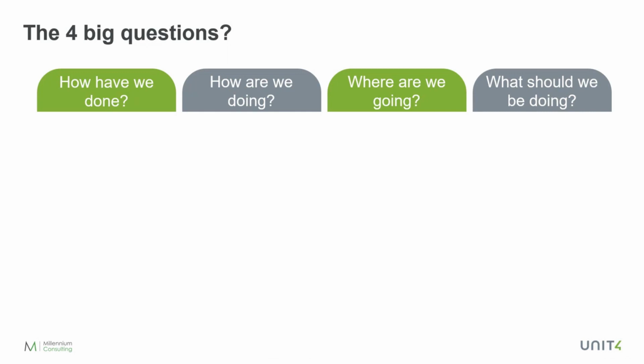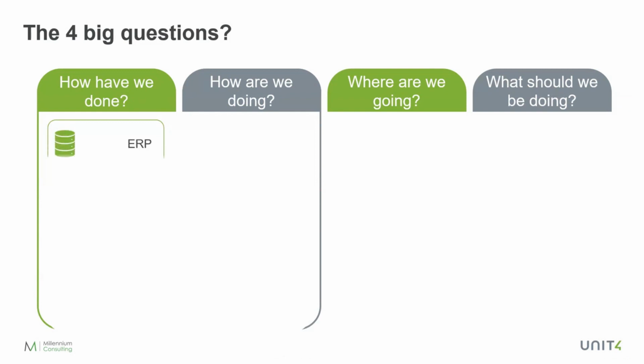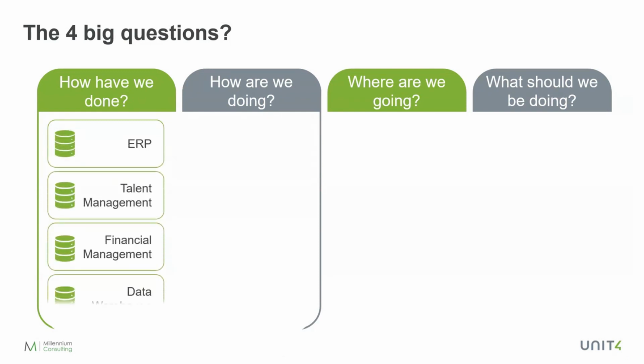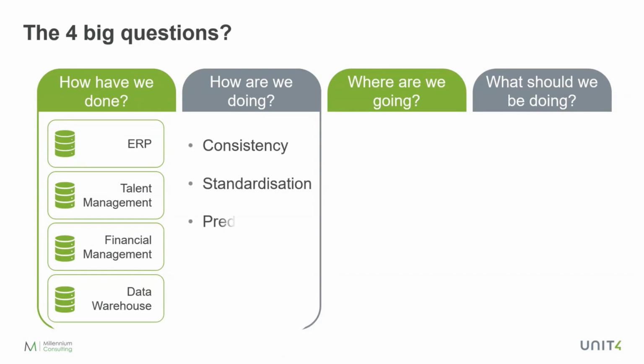So let's talk about the first 2 questions first. How have we done? How are we doing? Typically, organizations equip themselves with execution systems, back-end systems of record, so ERP, talent management, financial management, data warehouse, you name it. The reason that our organizations do that is because these systems of record enforce a consistent, standardized, predictable, reliable process.